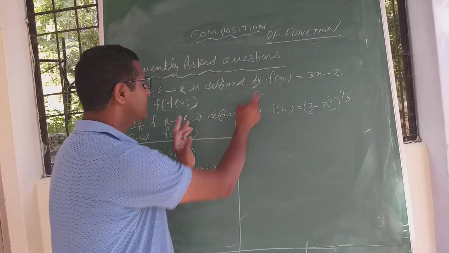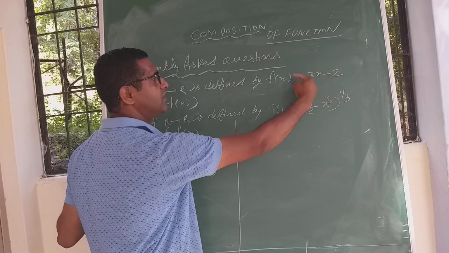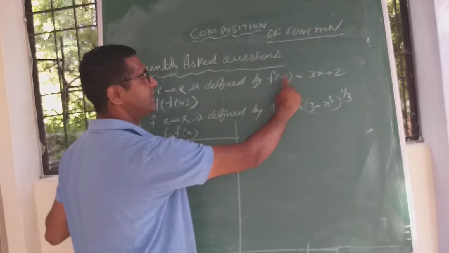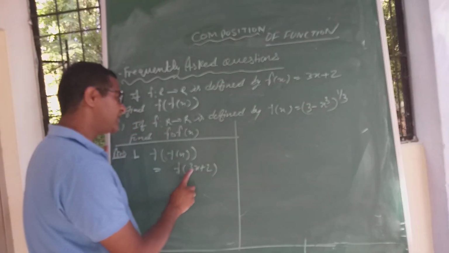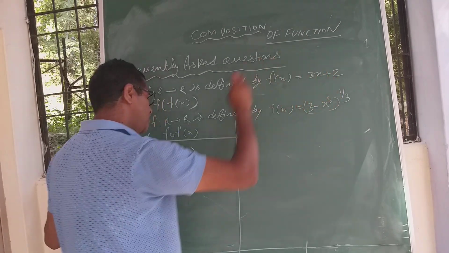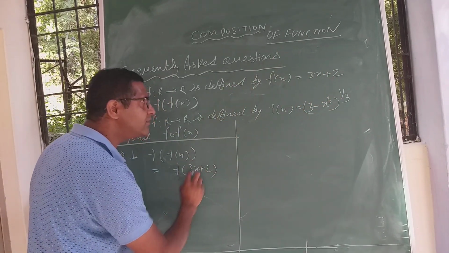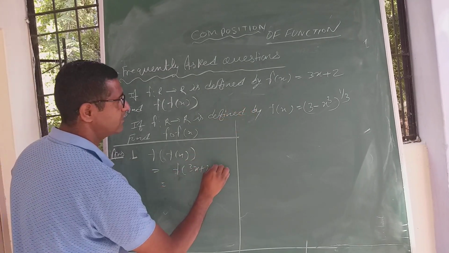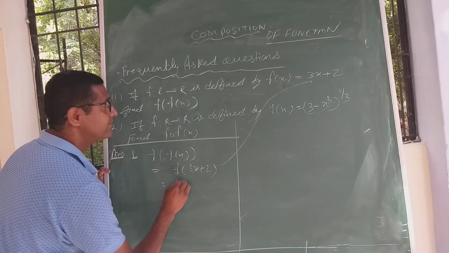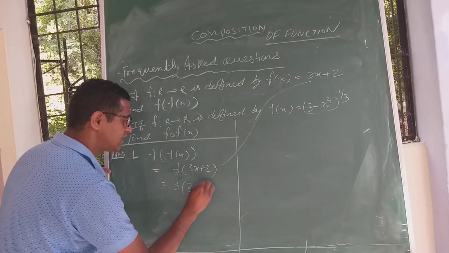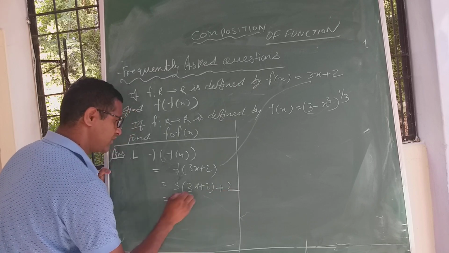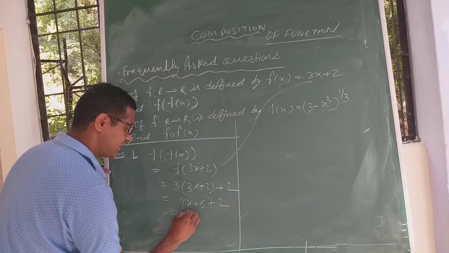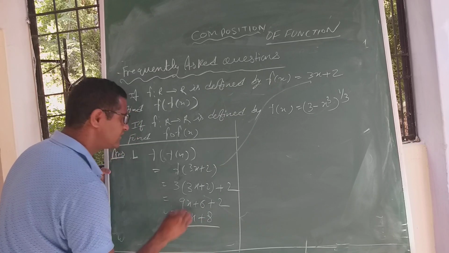If you put 2 in place of x you get 3 times 2 plus 2; if you put l you get 3l + 2; if you put m you get 3m + 2. So in place of x you put 3x + 2: 3 times (3x + 2) equals 9x + 6 + 2, which is 9x + 8. This is f of f(x).